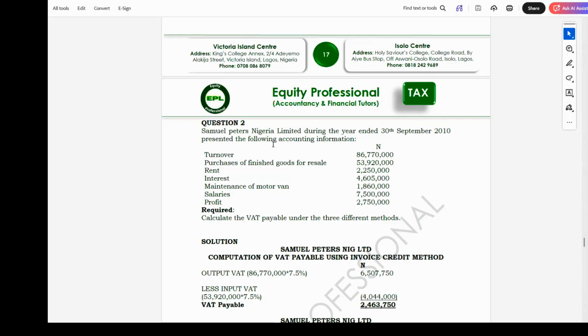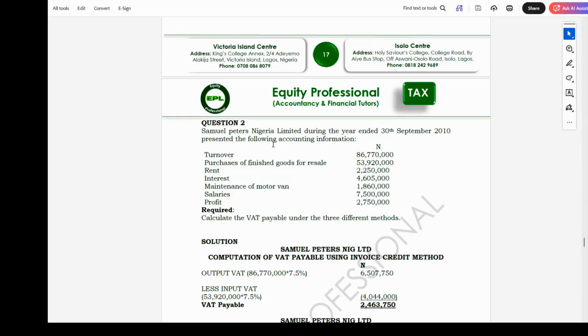The first method is the invoice credit method. Under the invoice credit method, I told you, you calculate your output VAT and your input VAT and get the difference to get the VAT payable. Output VAT is VAT on your sales, on your turnover.